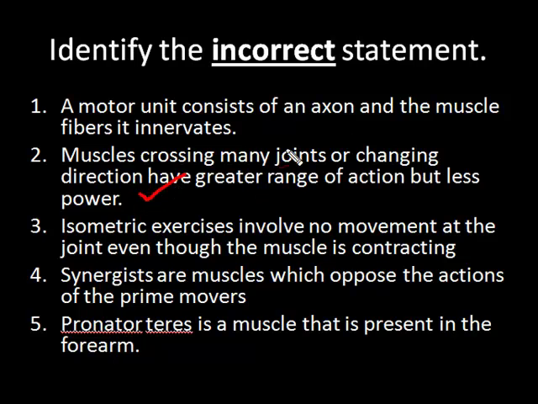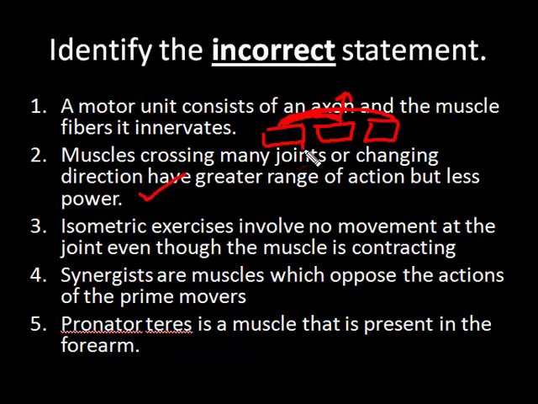So if you look at a muscle, let's say we have 3 bones and I'm just drawing them this way. A muscle which crosses one joint, which is just here, is going to be a short muscle and will act only on this joint. So hence it will be very powerful, but it's going to be able to move the joint only about this much because of its length. Let's say we have another muscle which crosses both the joints.